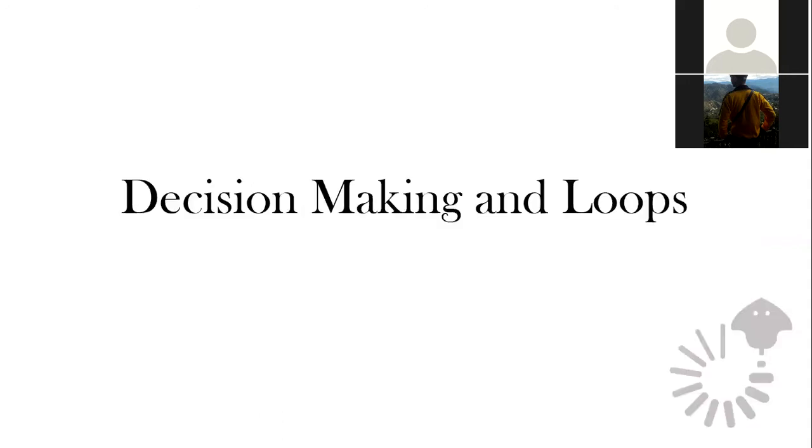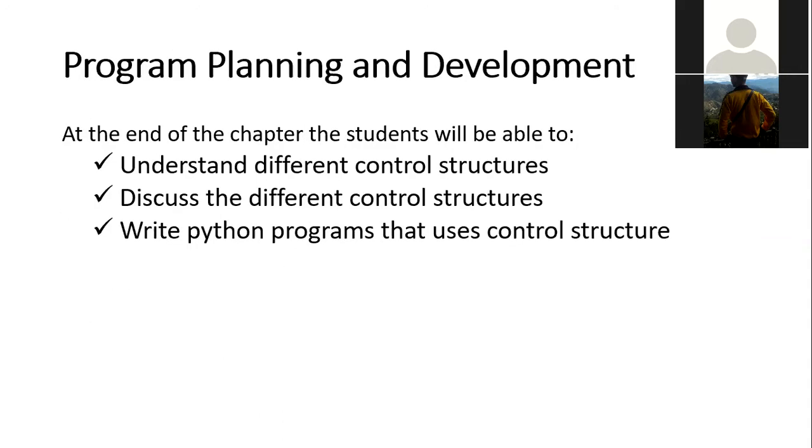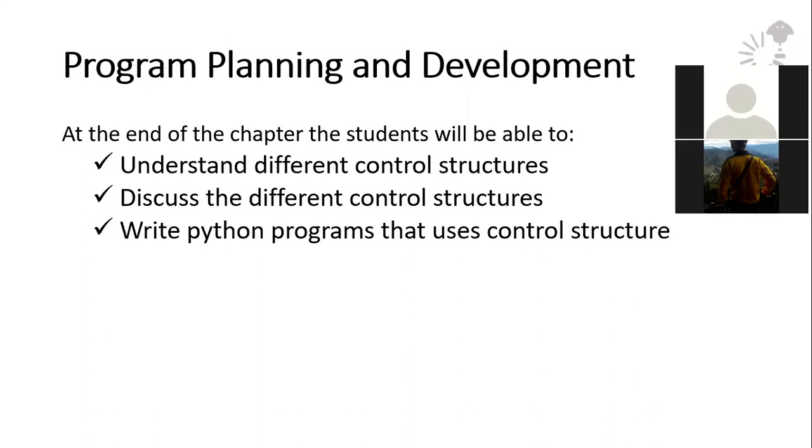In decision making, our goal in this chapter is for the students to understand the different control structures. The students should be able to discuss the different control structures and be able to write Python programs that use control structures. We have to define first what is control structure.